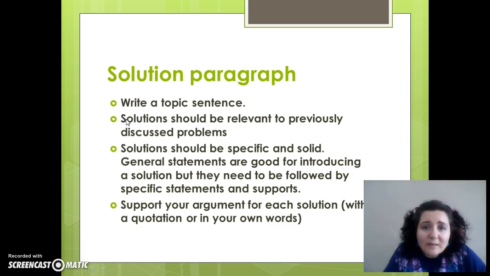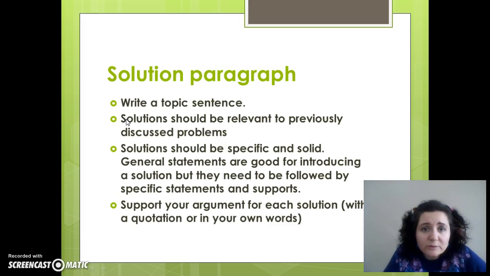You can write some general problems, general solutions, and those general solutions may address some or all of the problems you have discussed. But after writing those general solutions, you still have to come up with some specific and solid solutions for the problems you have so far discussed.